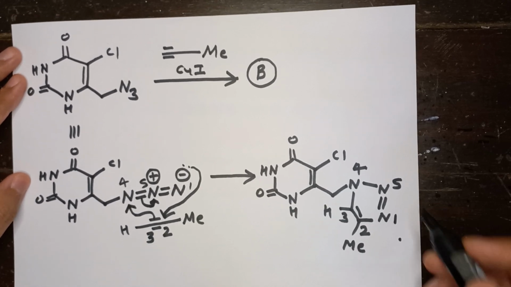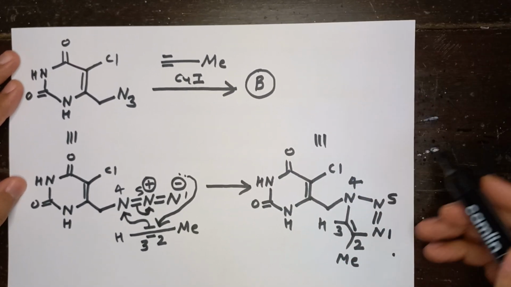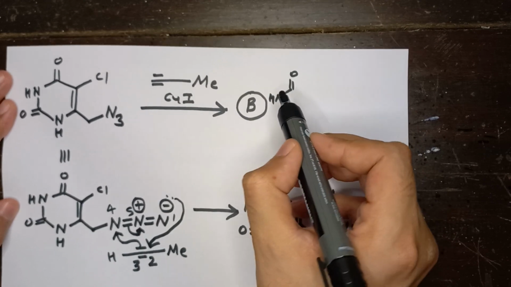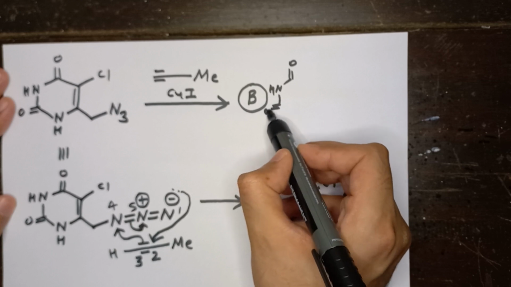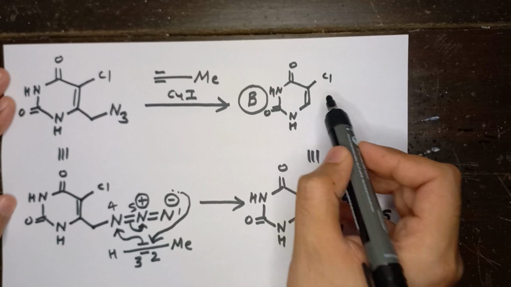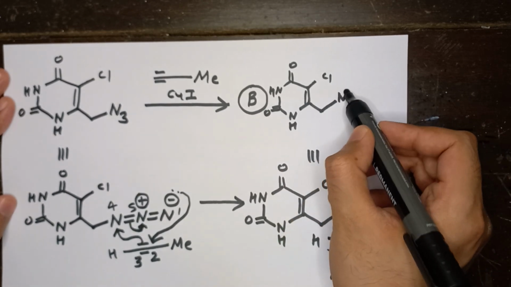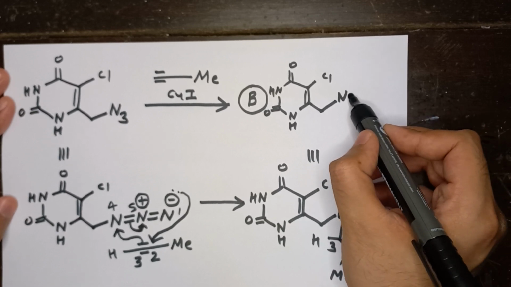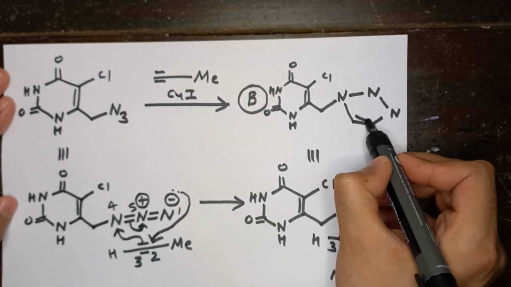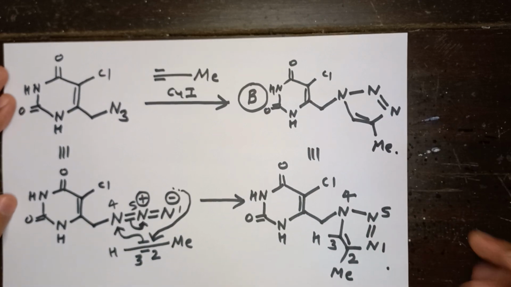So if I redraw this one, so I'm just redrawing this one here. Okay, we have CH2, we have nitrogen, so this is the product. I just redrew it.